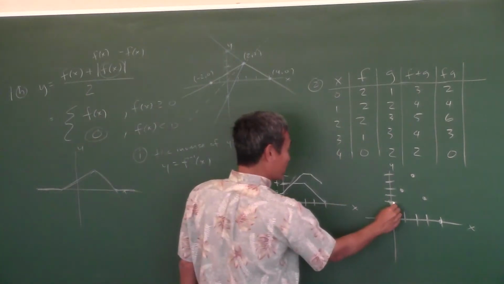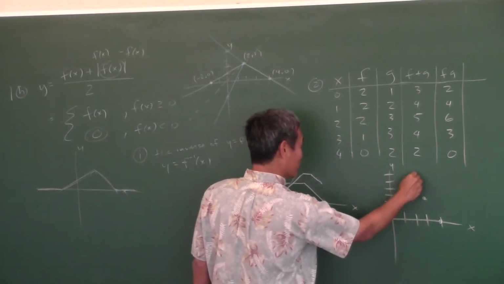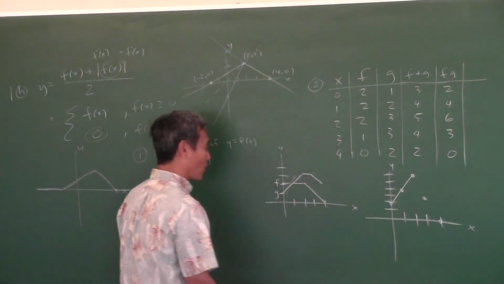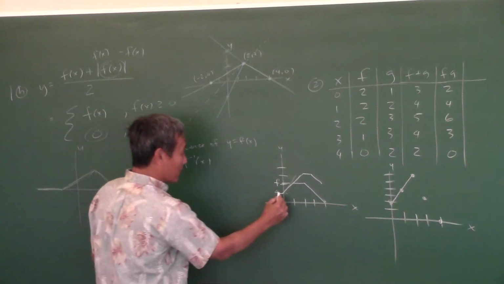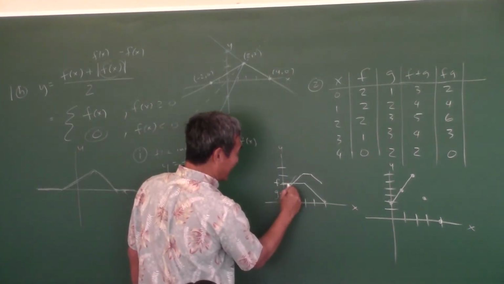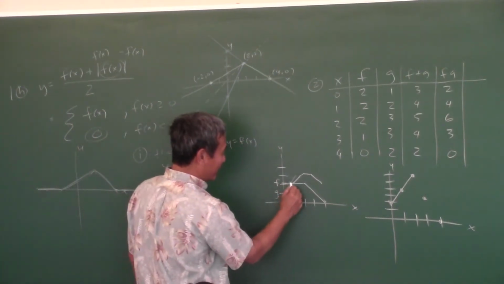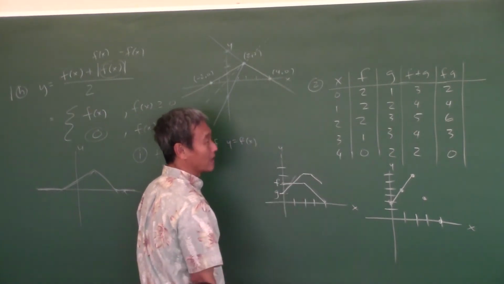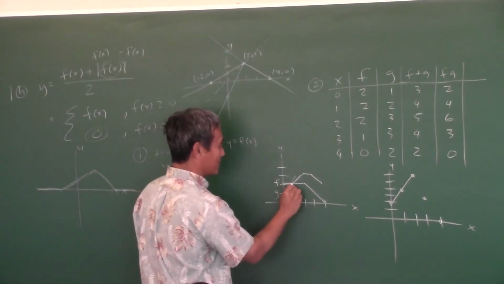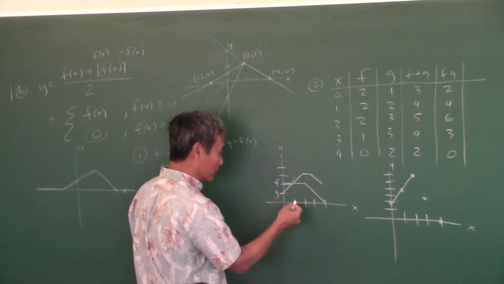Now from 0 to 2, you're going to connect it with a straight line. Why? Because look, if you had to write the equation of F right there, what is that? It's a horizontal line. Nothing's easier than a horizontal line, people. That's y equals 2.